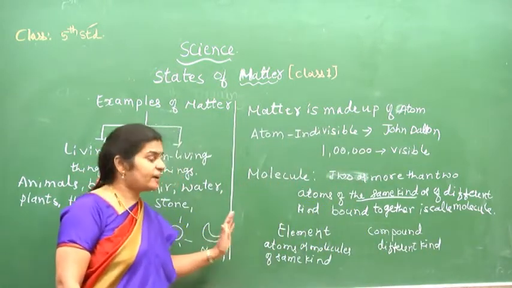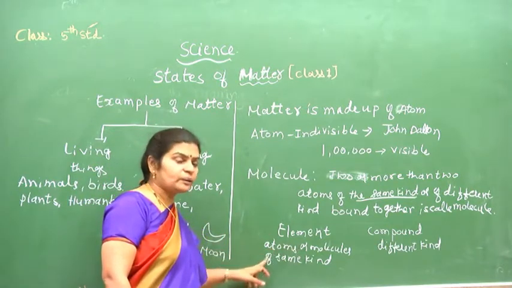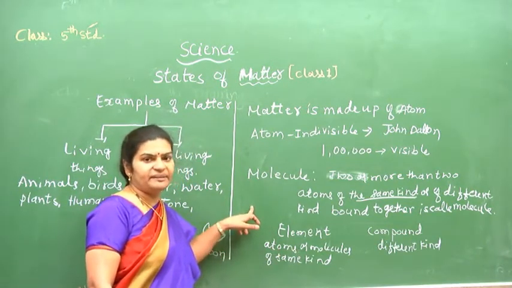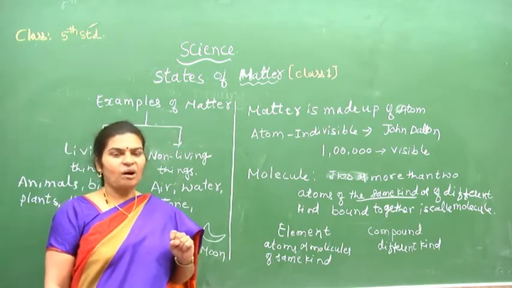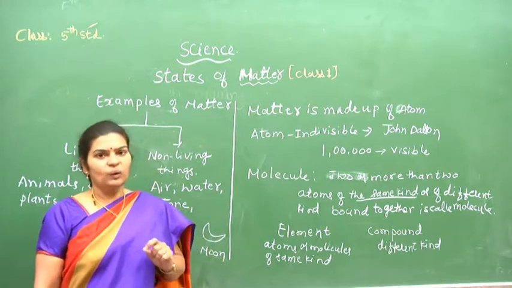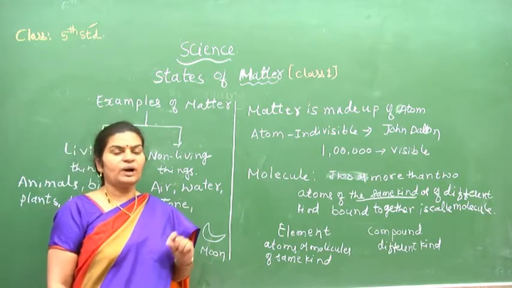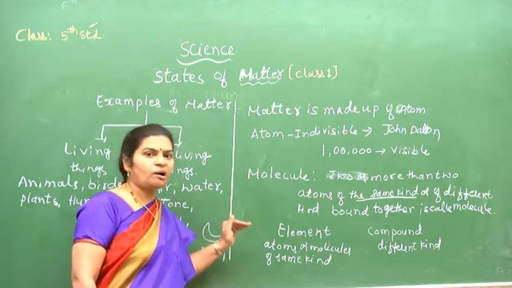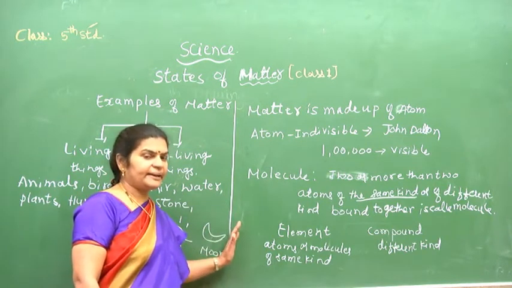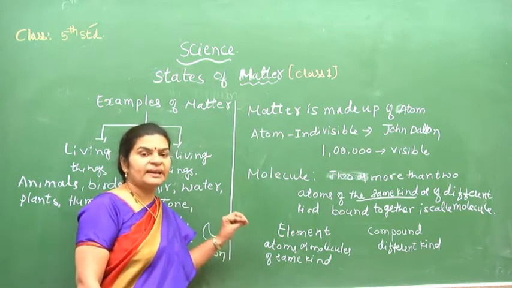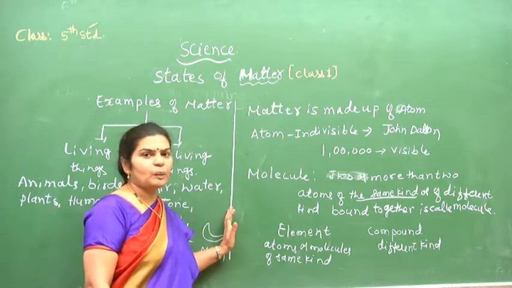So the example for atoms and molecules of the same kind, that is an element: iron, which we use very commonly in our daily life, gold you know, silver you know, hydrogen you know, oxygen. They are all called elements. Why? They contain atoms of the same kind or molecules of the same kind.